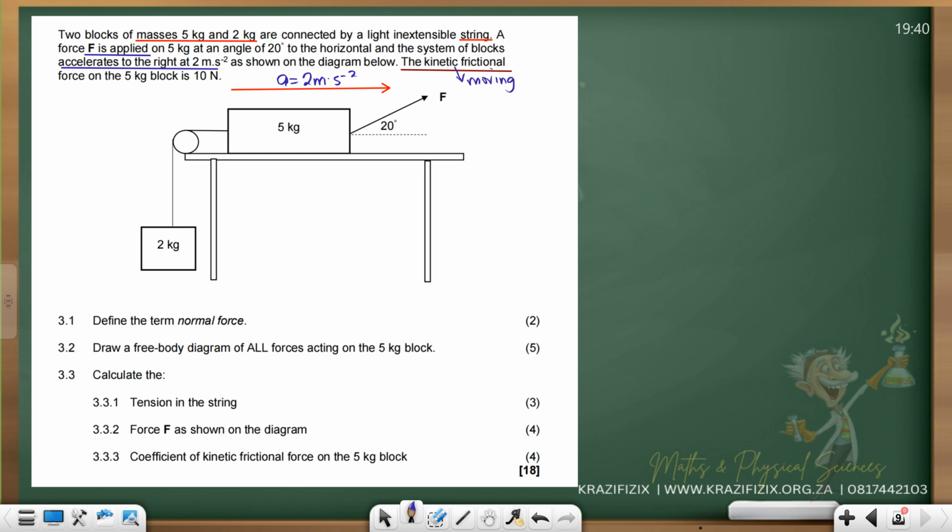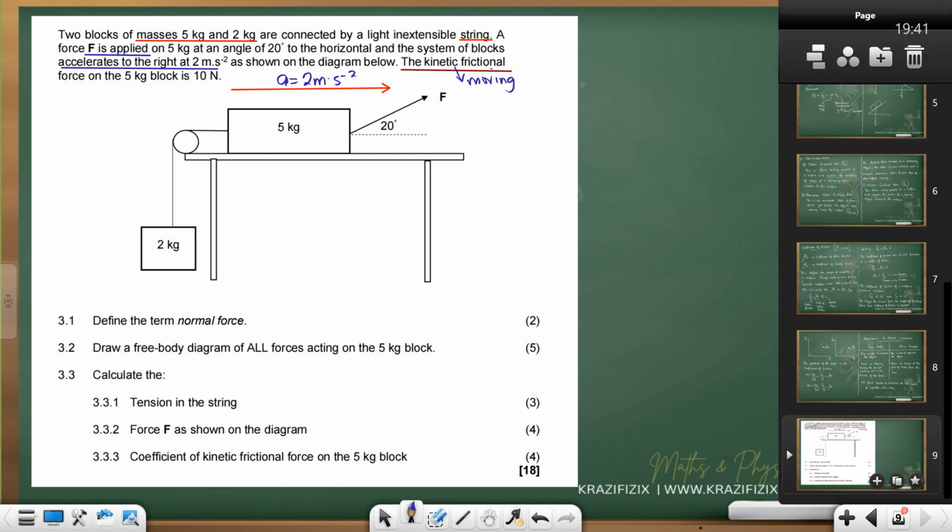All right. Look at 3.1. That you must remember. Define the term normal what? Force. I gave you that definition. It is the force exerted by what? The surface on the object, and it is perpendicular to the surface.